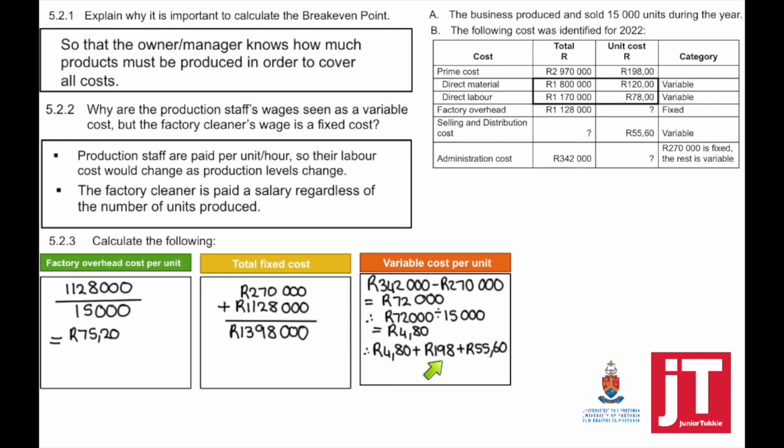So we're just going to add that. And then we have to use the selling and distribution cost. This is important that you understand. There are 5 cost accounts. Those are divided into fixed cost and variable cost. Your fixed cost will always be your administration and your factory overhead cost. Variable cost will consist of your selling and distribution cost, direct material cost, direct labor cost. So my total is 258.40.